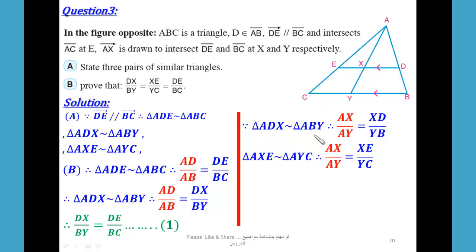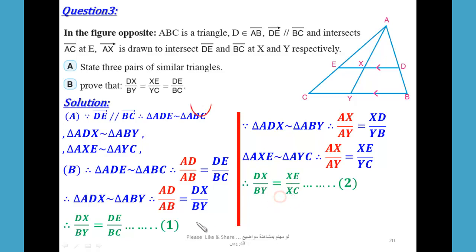Then the corresponding sides are proportional, and the proportional is the equality of two ratios or more. Then AX over AY equals XE over YC. We have AX over AY and AX over AY. Then the two right sides are equal. We can deduce that DX over BY equals XE over YC.